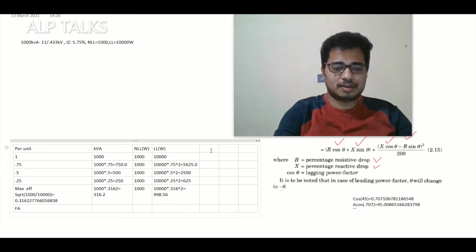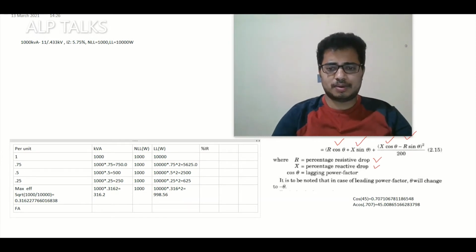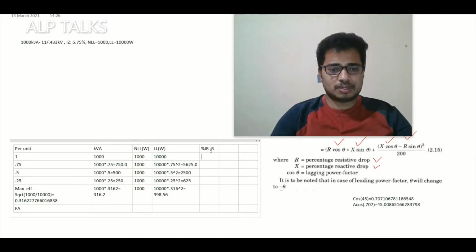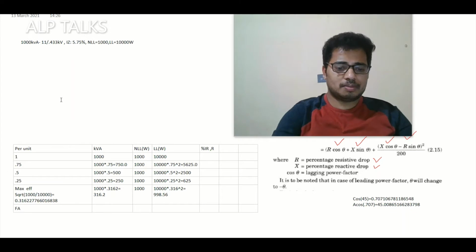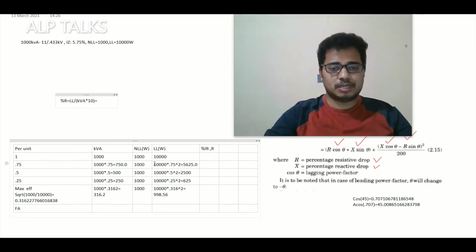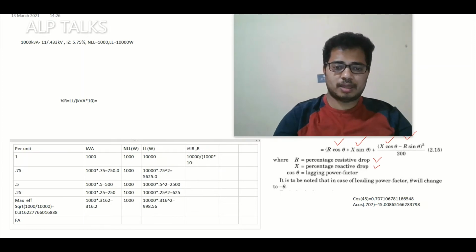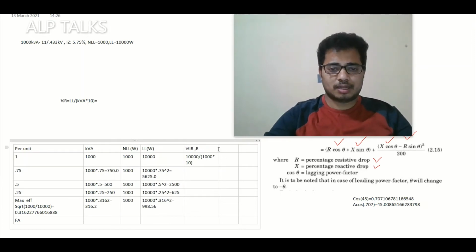So let's calculate the percentage IR resistance drop, simply R. Percentage R is the load loss divided by kVA into 10. Here we have 10,000 watts, divided by 1000, which is the kVA, multiplied by 10.